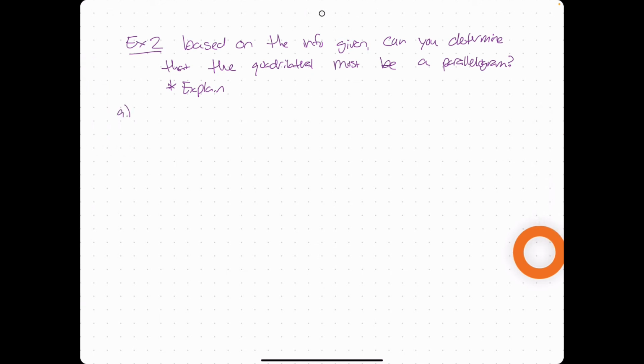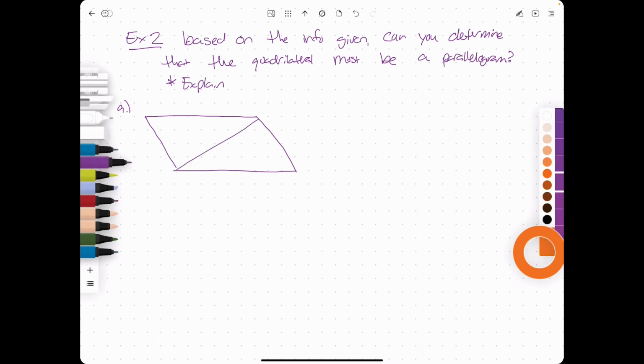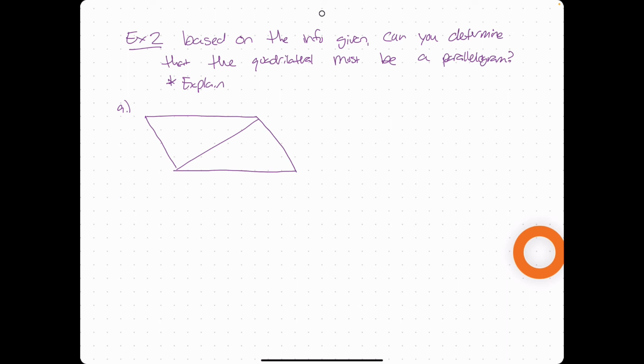Here's my attempt at a decent parallelogram. Here's my parallelogram, and then the diagram has that diagonal in there, and then it has some other information about angles.